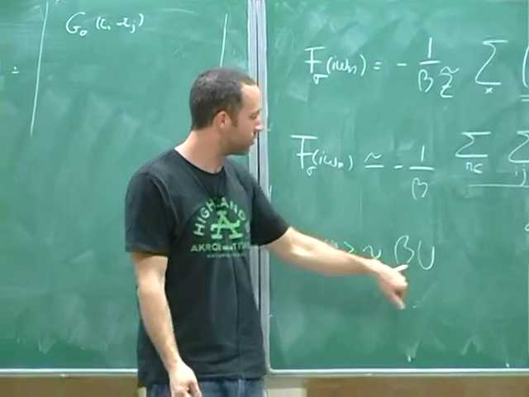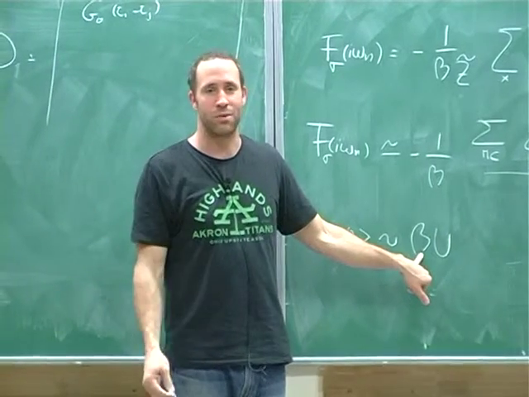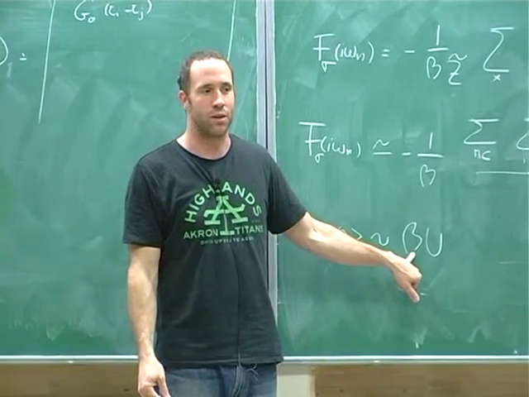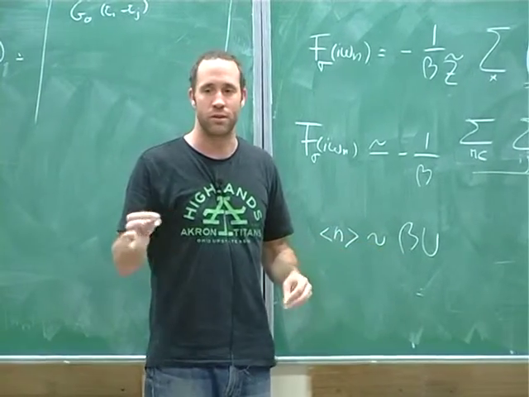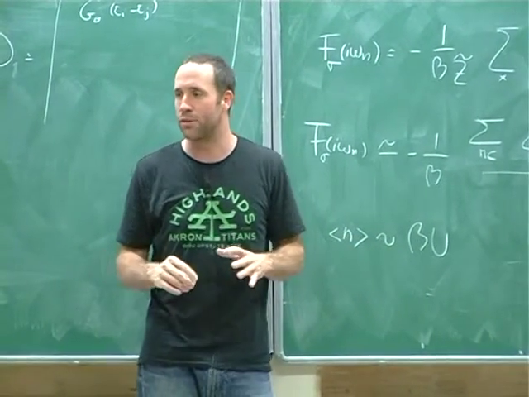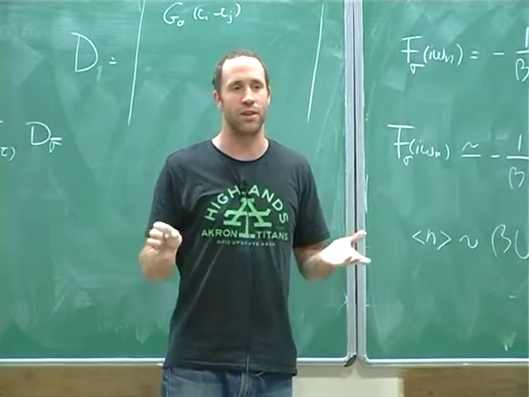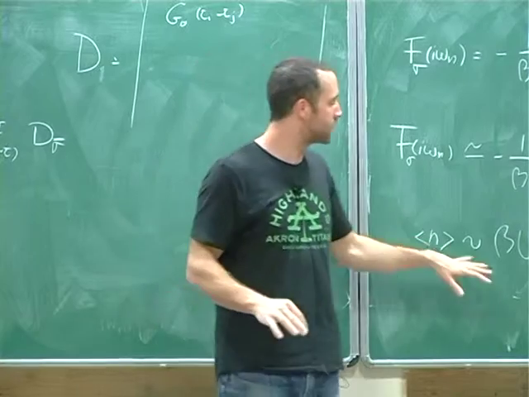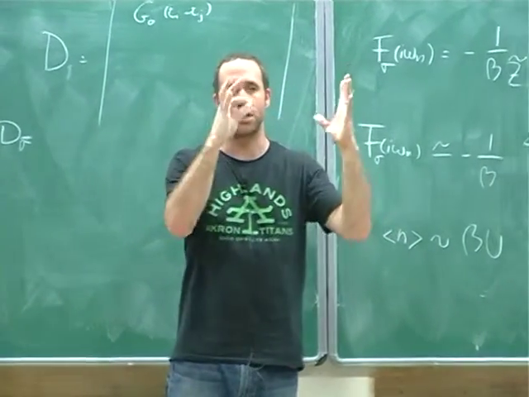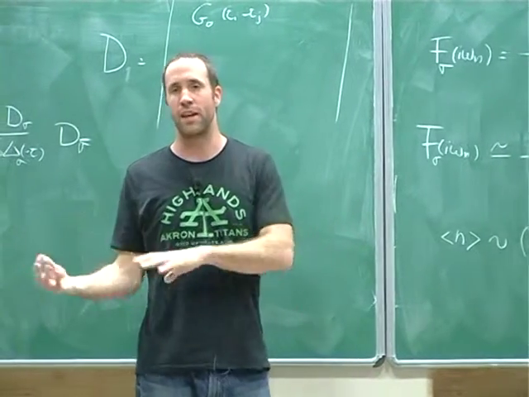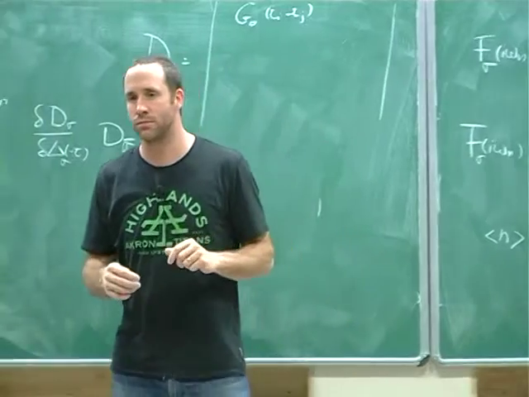The average perturbation order will be low at low u, and obviously high temperature is always easier than low temperature. I say obviously, but it's maybe not that obvious, because for the other algorithm, the hybridization expansion, it turns out that high temperature is very difficult. So in that sense it's complementary to what Philip will tell you. This works nicely at small u and large temperatures, which is where the other algorithm doesn't work so well. They're really complementary approaches.